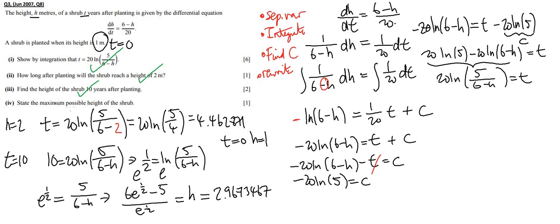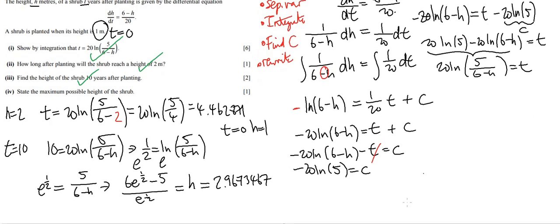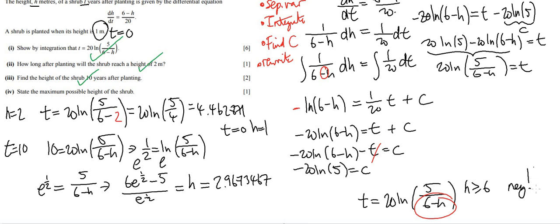Now the last part. State the maximum possible height of the shrub. To do that, all we need to do is think about our equation. We know that t is equal to 20 ln of 5 over (6 minus h), that we've been using since part A. If we look at the denominator, 6 minus h, if h is greater than or equal to 6, that's going to be a negative number or zero, and we can't take the log of that.